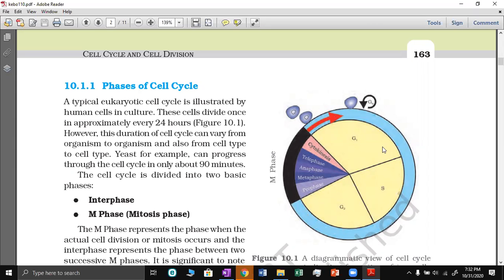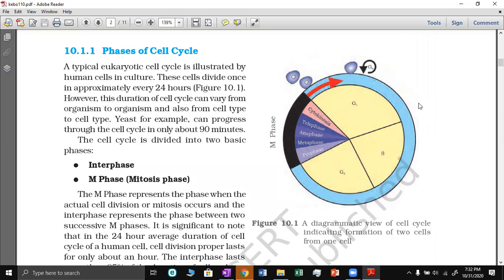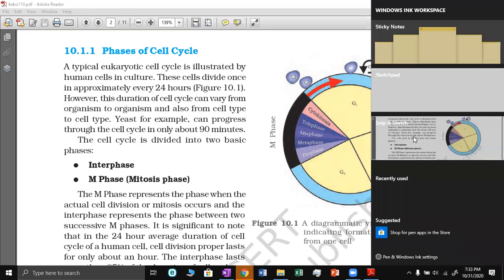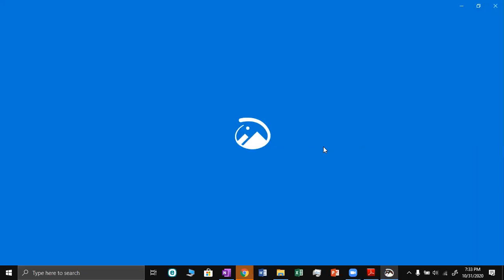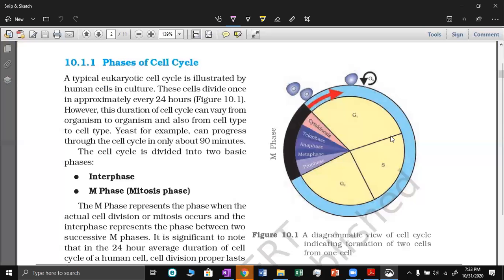This ring containing the blue portion is the interphase.